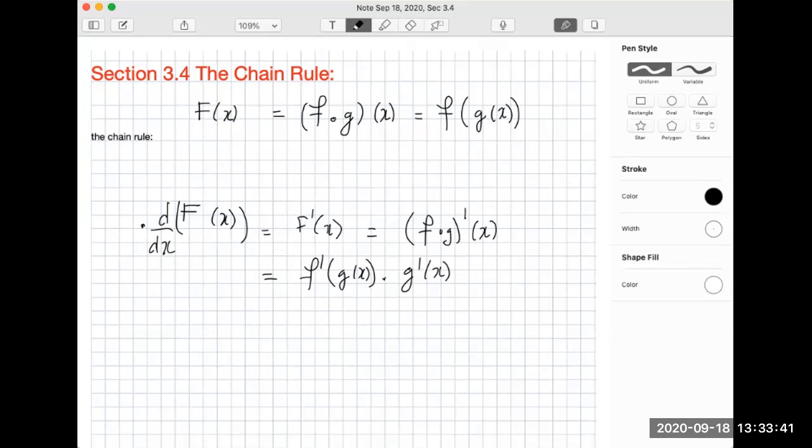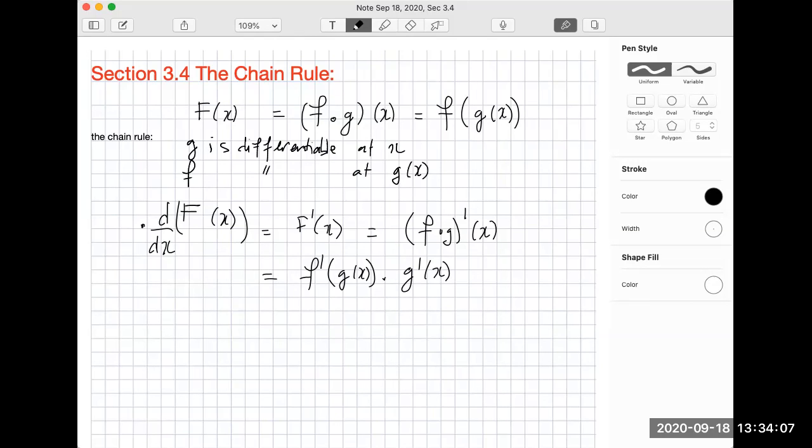So it means that g is differentiable at x. That is the condition. Similarly, in order to take the derivative of f, f should be differentiable at g of x, right? It makes sense when we look at this. So that is the condition.